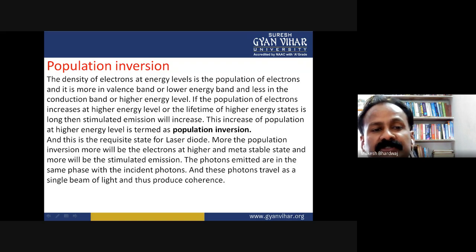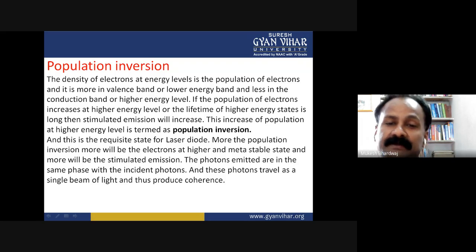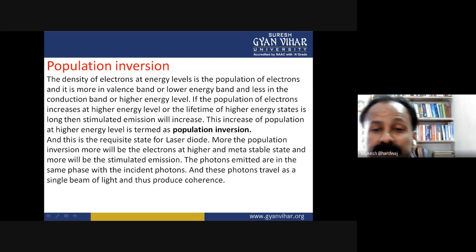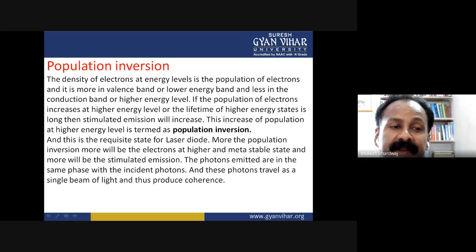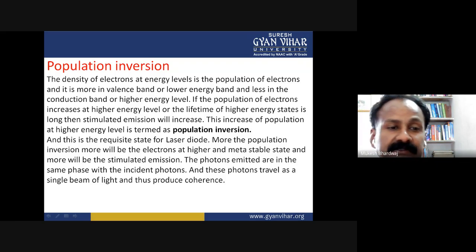To create this population inversion, high energy forward current is passed through the small active area. Population inversion is a necessary condition to create the lasing effect, because the greater the number of excited electrons, the greater the number of stimulated photons that can be radiated, and hence the higher the emission intensity. In other words, the number of excited electrons determines the gain of a semiconductor diode.